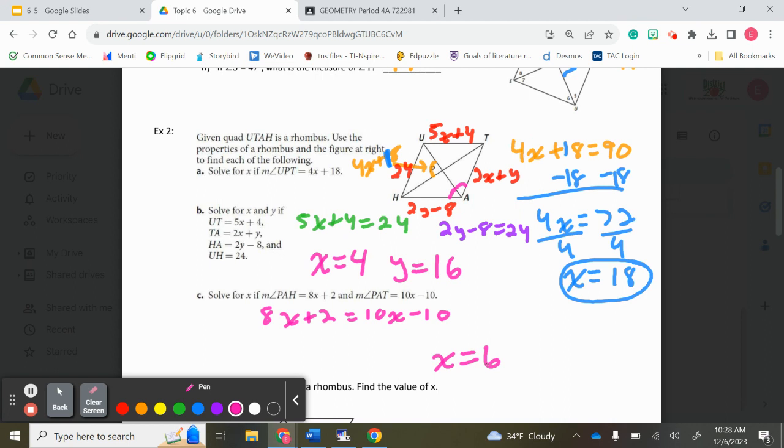Why don't you guys try example 3? Same idea.